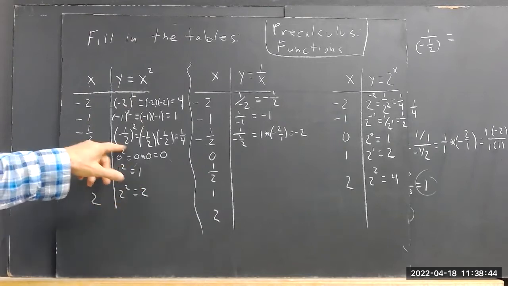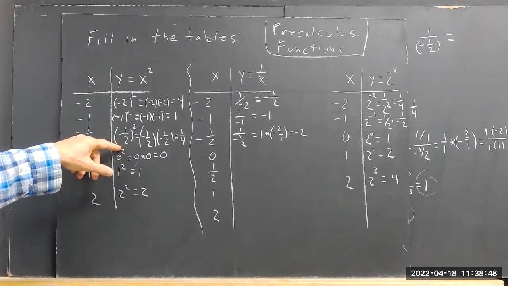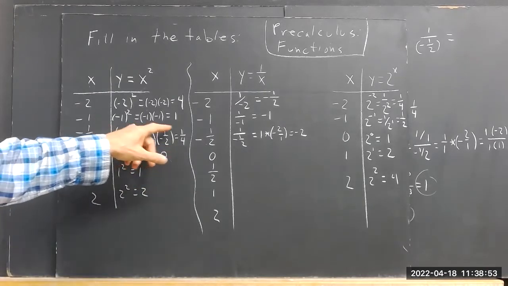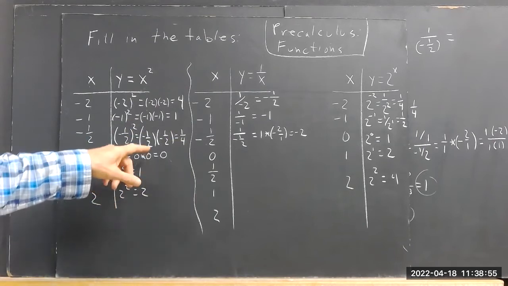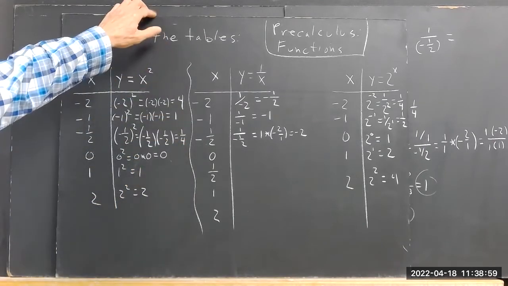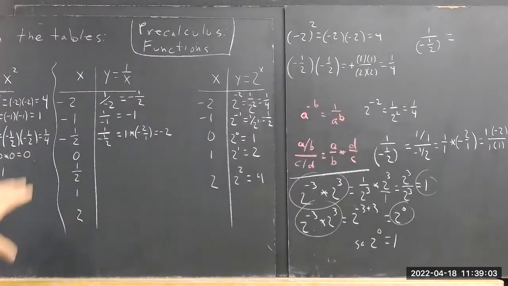And with the fractions, the square of -1/2 is -1/2 times -1/2. Multiply the numerators, you get 1. Multiply the denominators, you get 4. Negative times negative gives you a positive. Of course, I wrote that down over here. That's where all that came from. I do apologize if that wasn't visible.